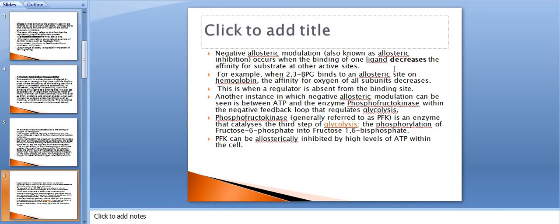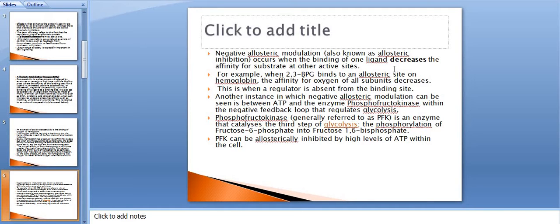Okay, another instance in which negative allosteric modulation can be seen is between ATP and the enzyme phosphofructokinase within the negative feedback loop that regulates glycolysis.